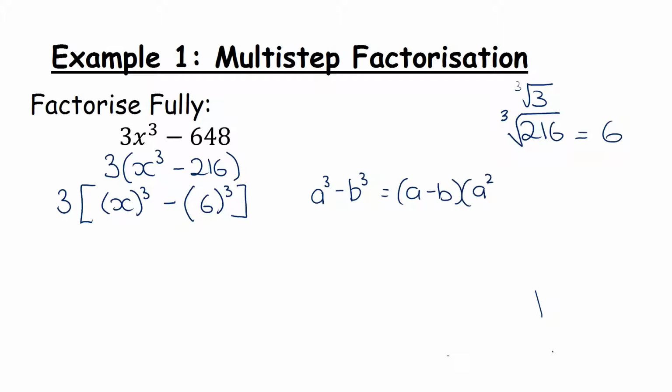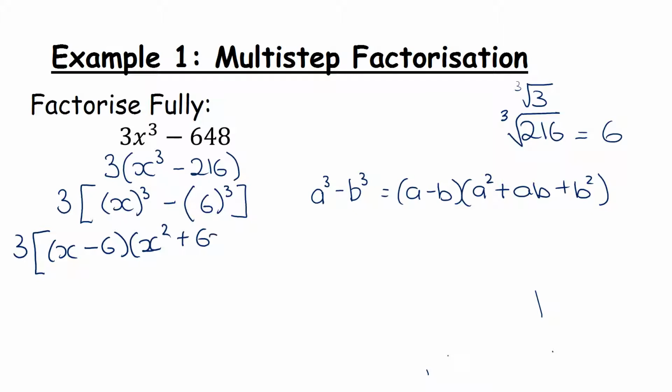Then a squared, since that was a minus, this is going to be a plus, ab plus b squared. So let's fill into our formula. Remember, this 3 has to stay. So we have 3 times x minus 6, x squared plus 6x plus 6 squared.